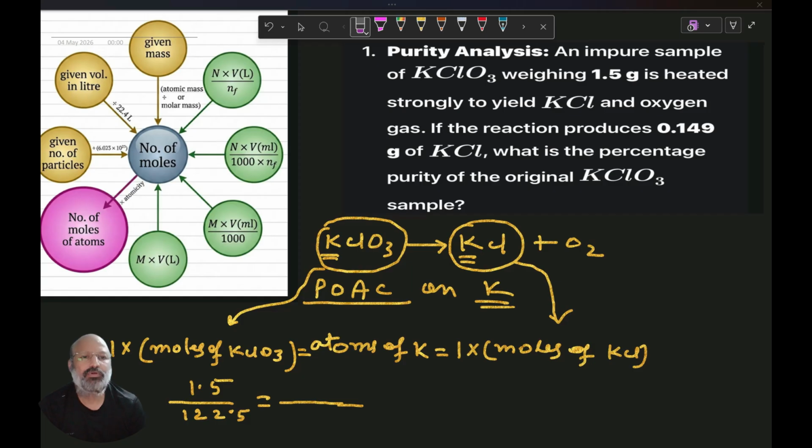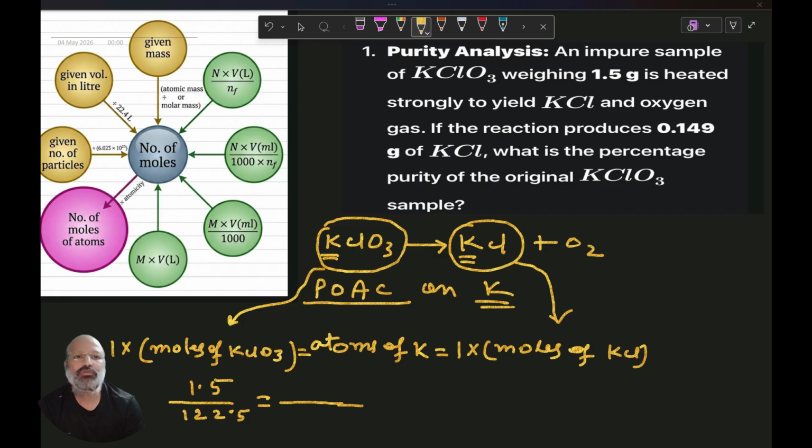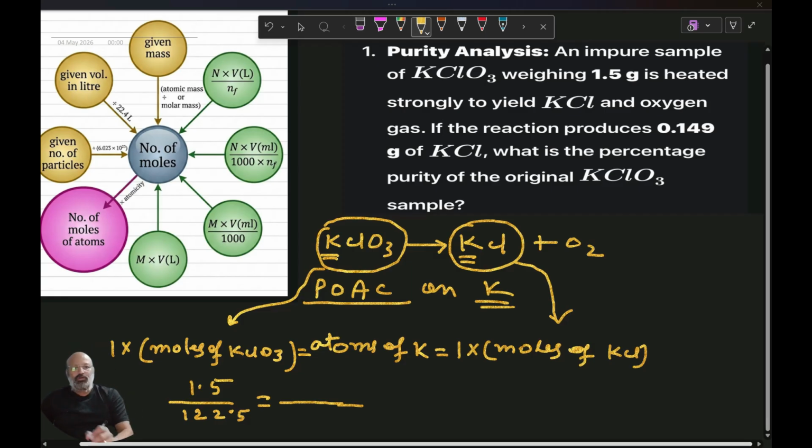Now remember, the 0.149 gram of KCl given is not actually the theoretical amount of KCl obtained from this KClO3. That is practically obtained, and remember, this KClO3 has some impurity in it. So that's why this 0.149 is not a theoretical value.